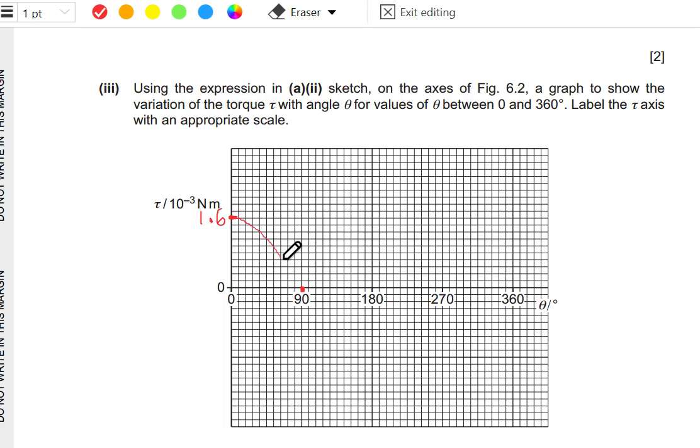So we will just draw a standard cosine function. Here is minus 1.6 because cosine goes from 1 to negative 1. Negative 1 at 180, goes back to 0 at 270, and to maximum again at 360.